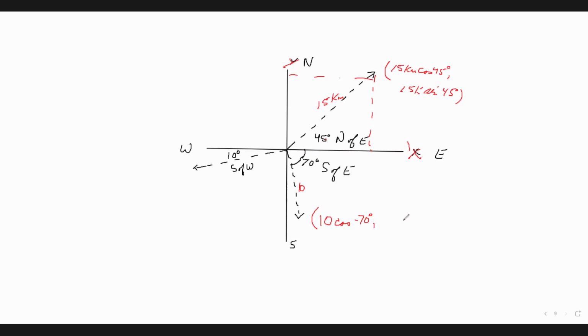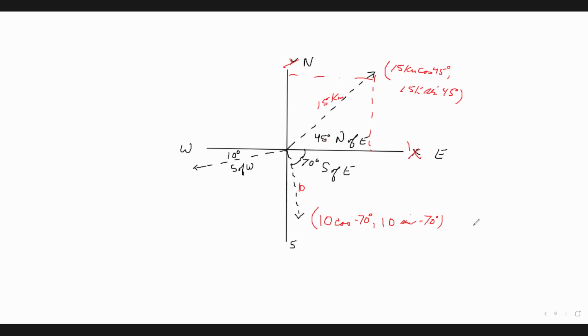And Y is going to be 10 times the sine of minus 70 degrees. The cosine of minus 70 degrees is a positive number. The sine of minus 70 degrees is a negative number, as it darn well better be. Okay, so you can take all these vectors in terms of these compass directions and put them in terms of X, Y coordinates, and then do whatever you need to do using vector notation.